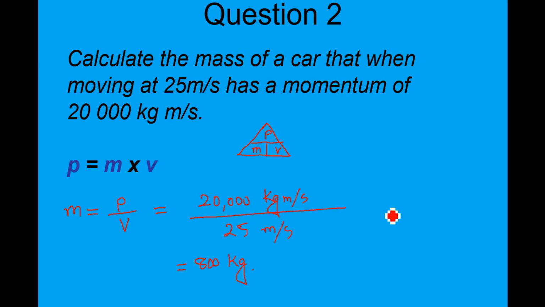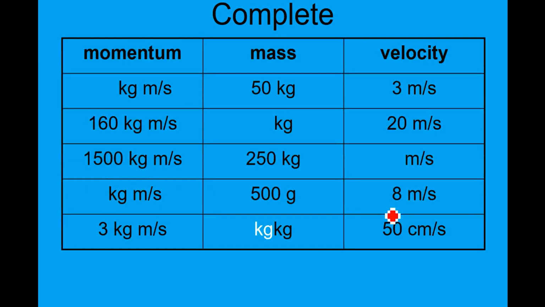Now next one. Complete the table. Look at the table first. Mass 50 kg and velocity 3 meters per second. So momentum will be 50 into 3, because the formula is p equals mass into velocity.